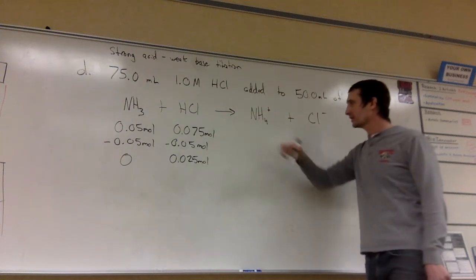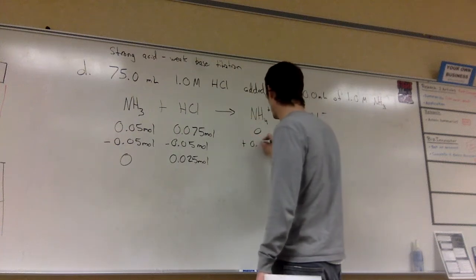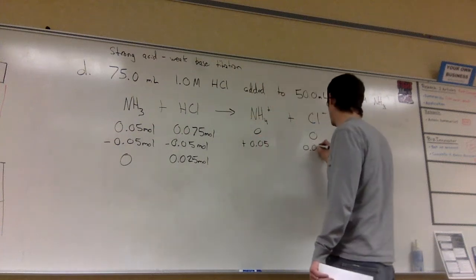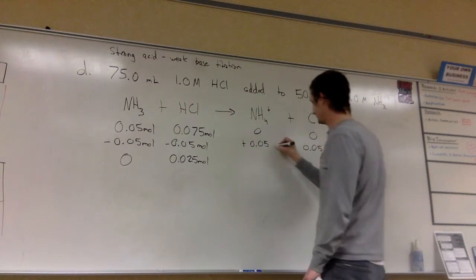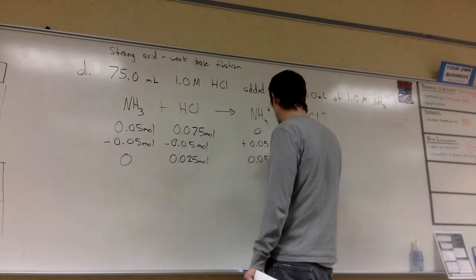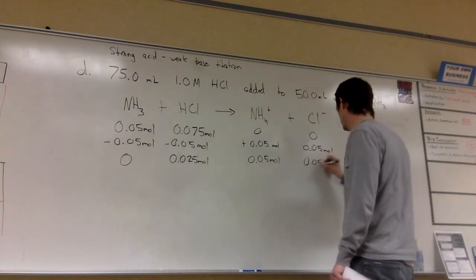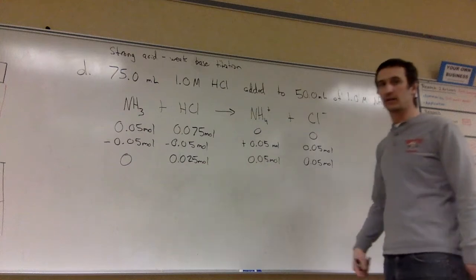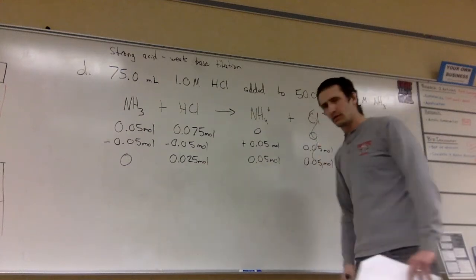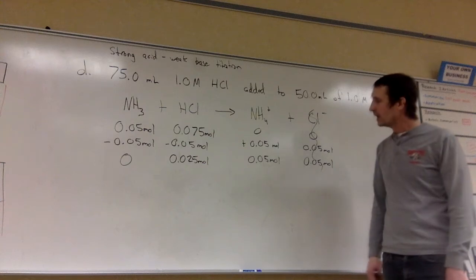And by the way, over here, we would have produced 0.05 of each of these, which means we've got 0.05 moles of the ammonium ions and 0.05 moles of the chloride ions. And again, we don't really care about those chloride ions because they don't do anything in terms of the pH.